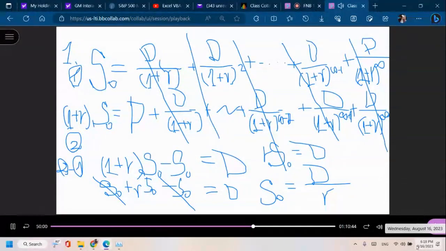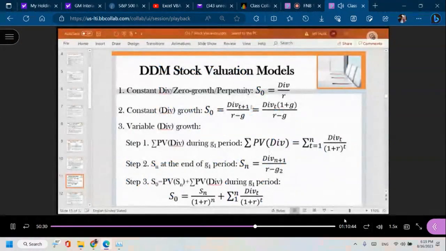And this is how you do that. But then let me go back to the slide. So if you think about it, what would be the case of perpetuity? Remember preferred stock.